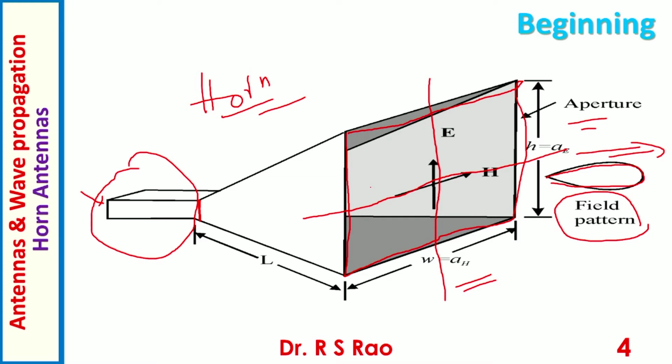If the horn is derived from a circular waveguide, this is circular waveguide, then it is called conical horn. Conical horn appears like this: aperture is circular, throat also circular. This is called conical horn.